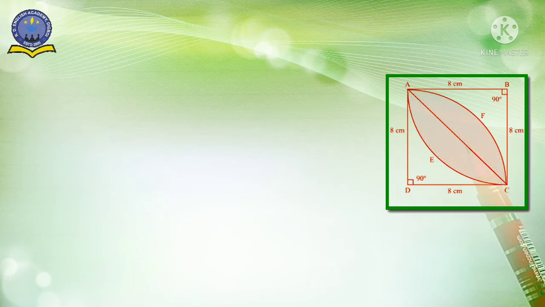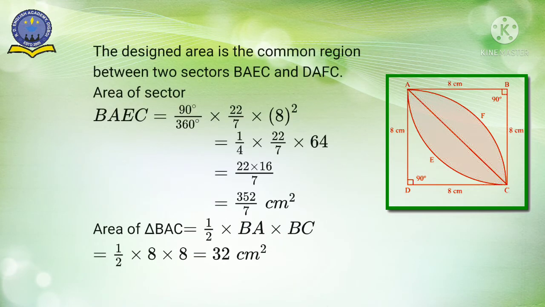If we find out any one part and multiply it by 2, then we get the total area. As written, the design area is the common region between two sectors, B, A, E, C and D, A, F, C.